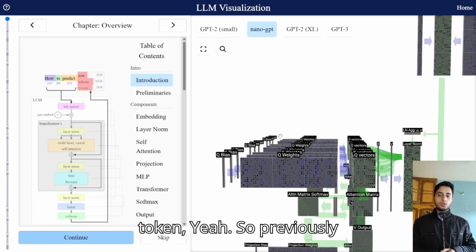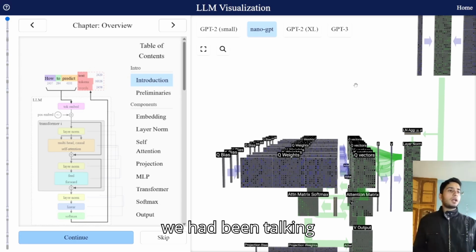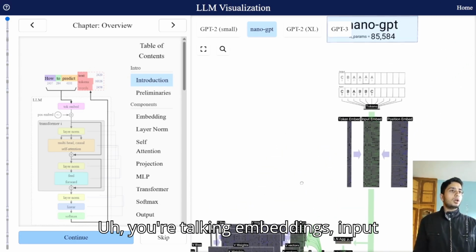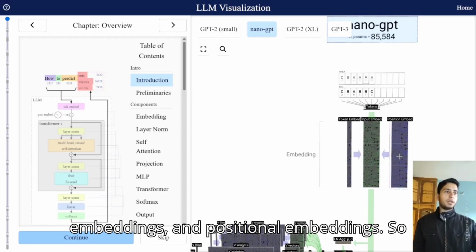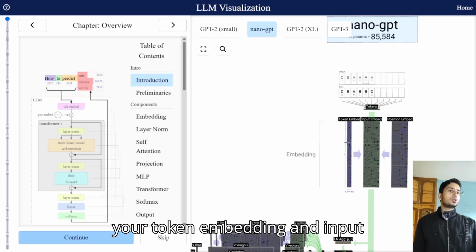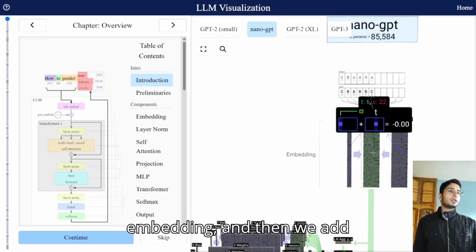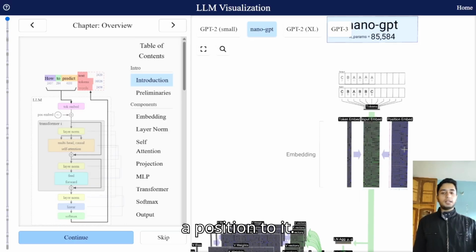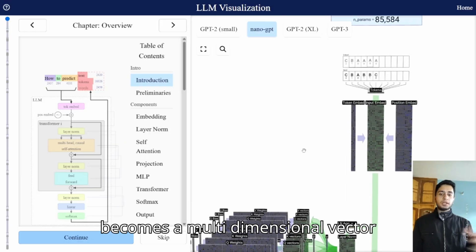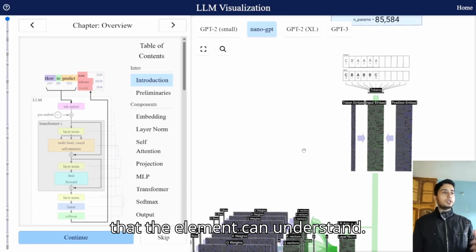So previously, we had been talking about token embeddings, input embeddings, and positional embeddings. Generally, a token flows through your token embedding and input embedding, and then we add a position to it. So a token becomes a multi-dimensional vector that the LLM can understand.